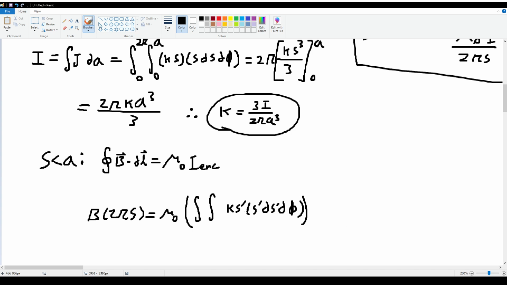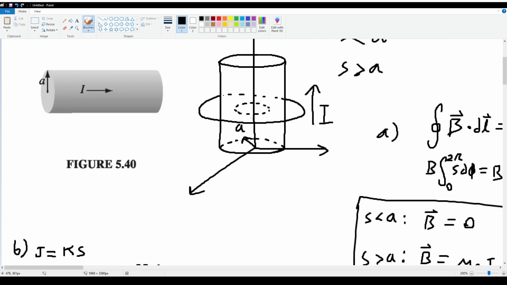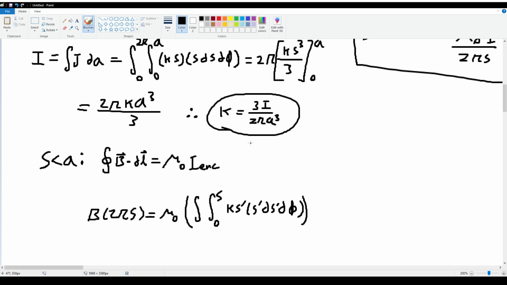I use S prime just to remind me that I'm integrating S into this, because we're going from 0 to S for the ds prime, as we're varying our radius from 0 to the radius of the loop, and then the d phi, same as always, just 0 to 2 pi.